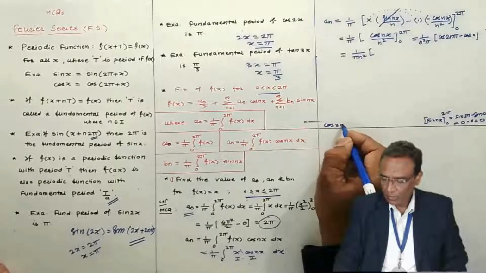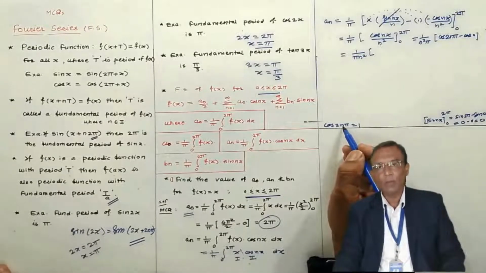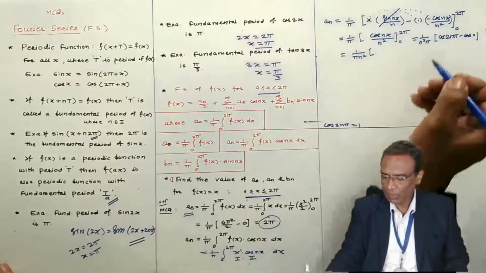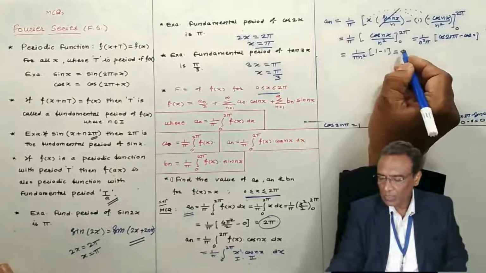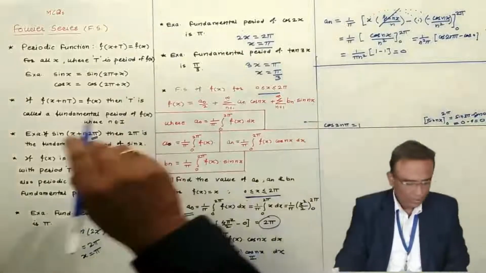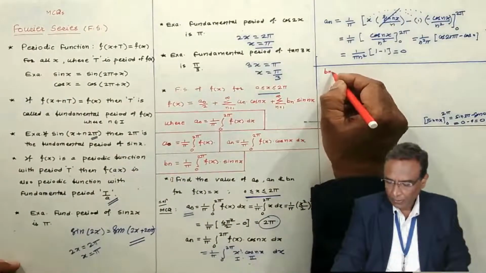See, cos 2n pi is 1, because if you go on putting values of n equal to 1, 2, 3, 4, 5, 6, all values of cos become 1. Cos 2n pi is 1, cos 0 is 1, 1 minus 1 is 0. The value of a0 is what? An is what? 0. So very quickly, we are going to find out the value of bn.